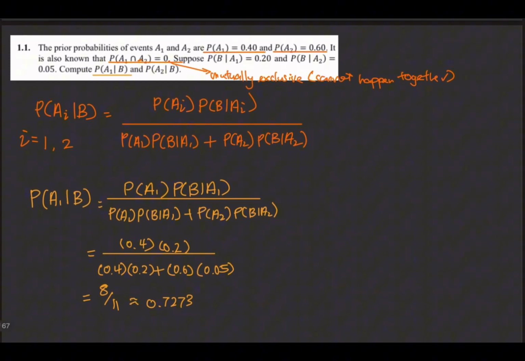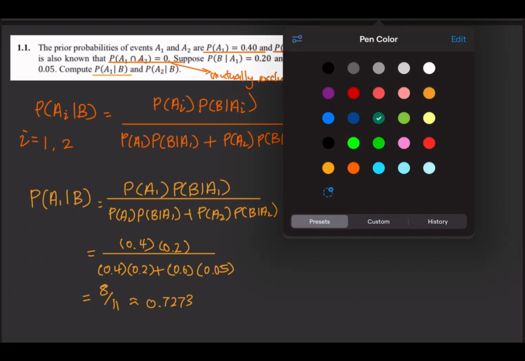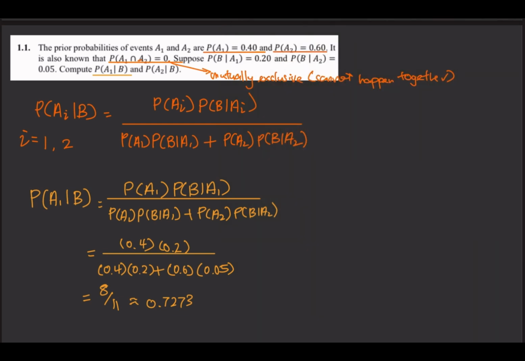Now, moving on to the second part of the question, let me change the color. Give me a second. Alright, to find the probability of A2 given that B happens. Right?